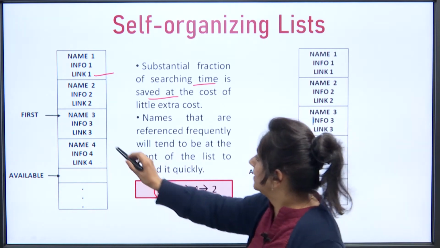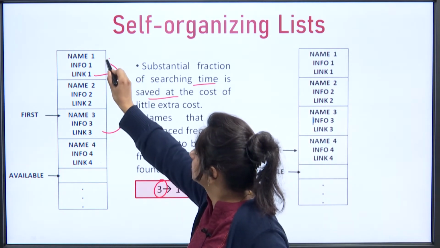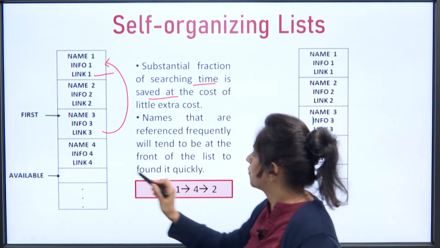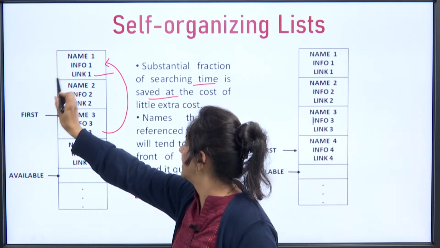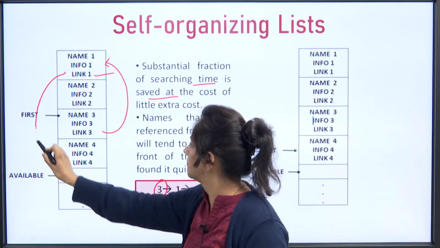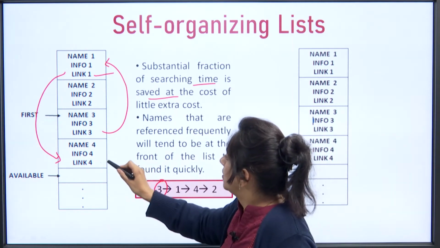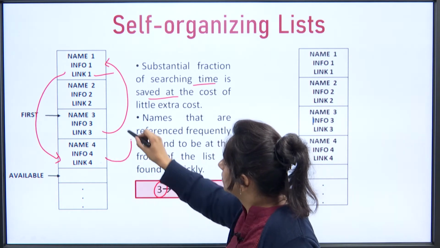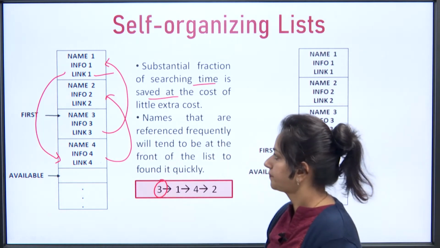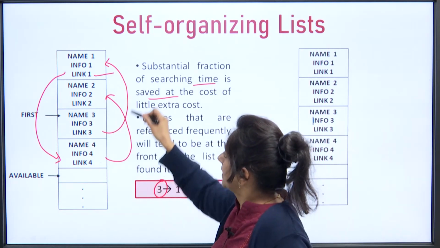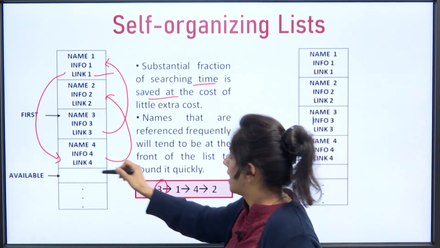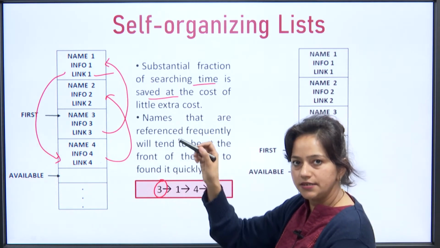This 3 is pointing to 1. Now 1 is pointing to 4, meaning the link of 1 is pointing to 4, and then 4 is pointing to 2. The link of 4 is pointing to 2. So in this way, 3, then 1, then 4, and then 2.